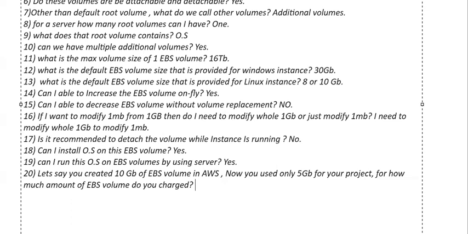Do I pay for only 5 GB? No, you are charged for the whole 10 GB. How much storage you created, for that whole amount of storage you are charged. So you are charged for 10 GB.